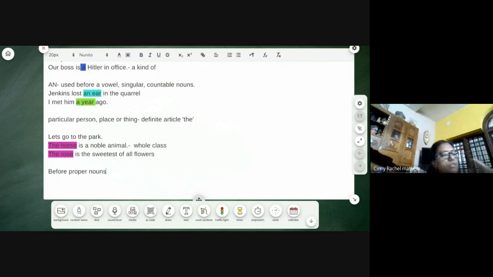Let's look at how it's used before names of seas, like the Black Sea.